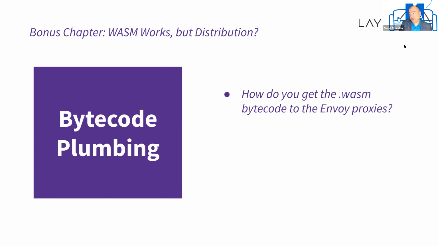So back in the Lua world, you can put your Lua script inside the EnvoyFilter Kubernetes object. You can kind of do the same thing with WebAssembly. You can put the bytecode inline. You're going to run into like a 1 megabyte limit. So if you've written a C++ program that uses the full protocol buffer library, that's going to be over 2.5 megabytes, so you can't do that.